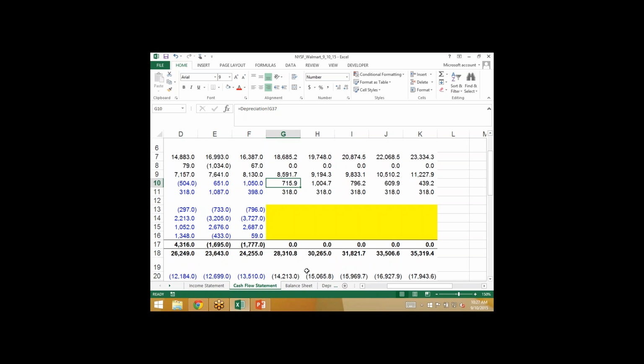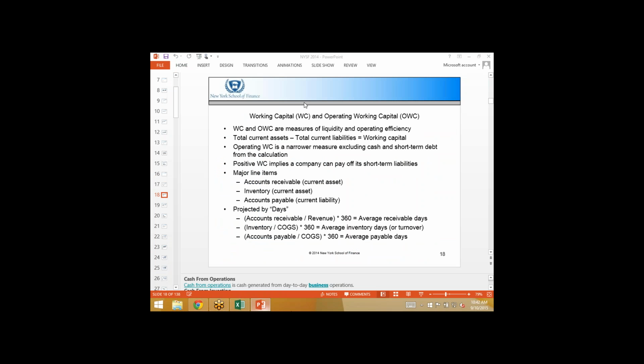Now, how does this differ from a deferred tax asset? That's it for depreciation. So study it. We will practice it, of course.